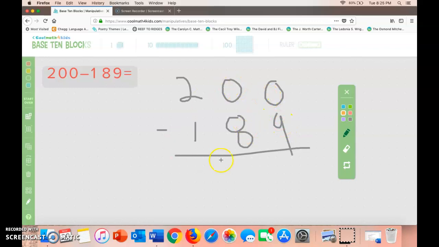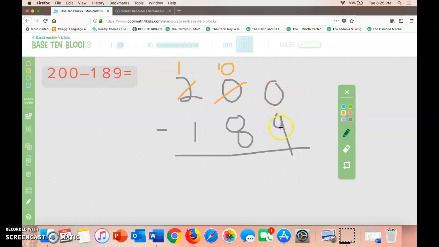Looking at this problem, students should be able to recognize that you cannot take away 9 from 0 or 8 from 0. First, we know that we can change the 0 to a 10 by taking one of our hundreds away from 200, which would make this 1, which would then change our 0 to 10 tens because we took away 100 from our 200. But that still does not help us out in this column.